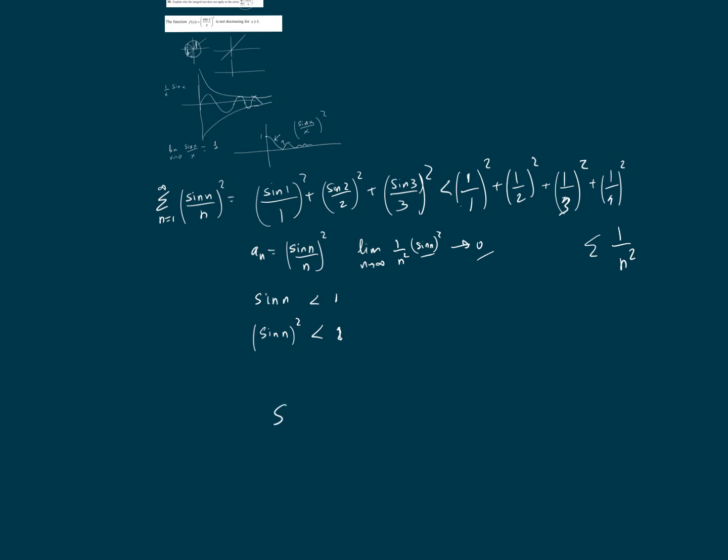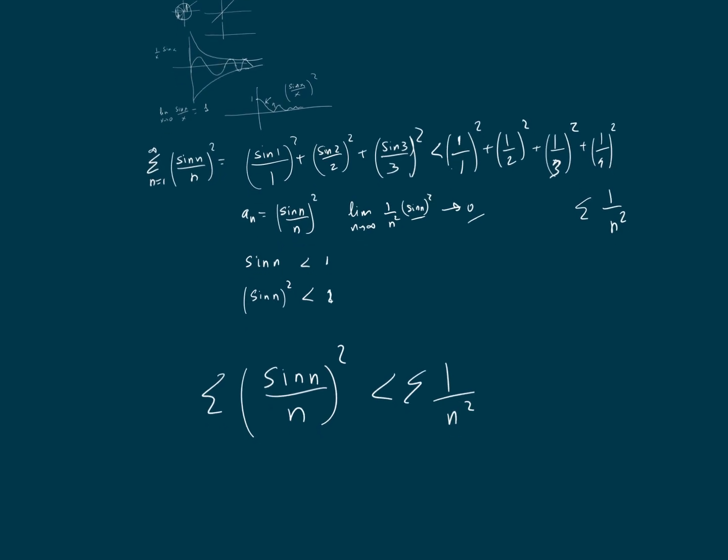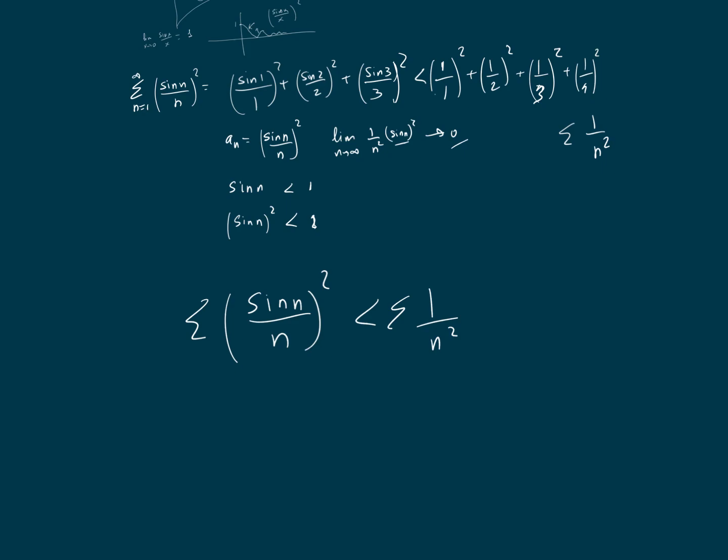So sine of n divided by n squared is smaller than the summation of 1 divided by n squared. So a sub n is smaller than b sub n, term by term. The b sub n series converges because 1 divided by n squared converges, and a sub n is smaller than that, so it converges.